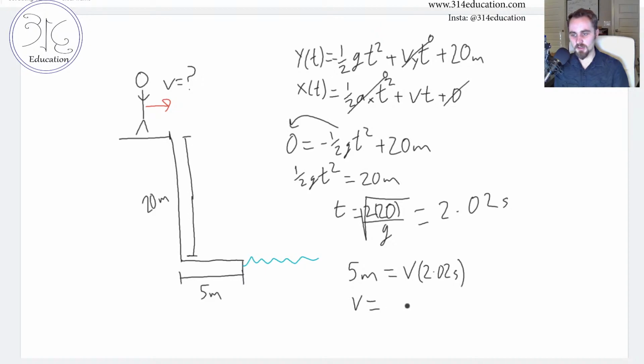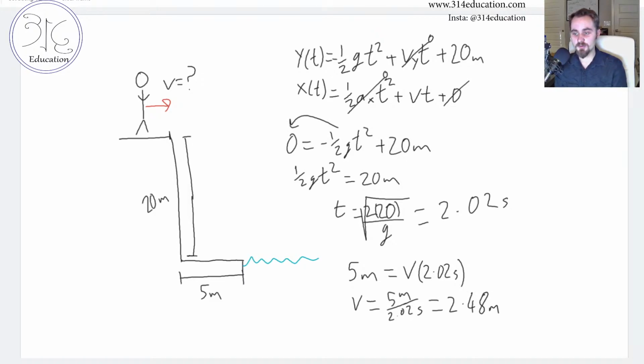So to solve for v, we just divide both sides by 2.02. That's going to be 5 over 2.02. It's meters per second, so we have units of meters per second. That's units of velocity. And that's going to be about 2.47, 2.48 if we round.